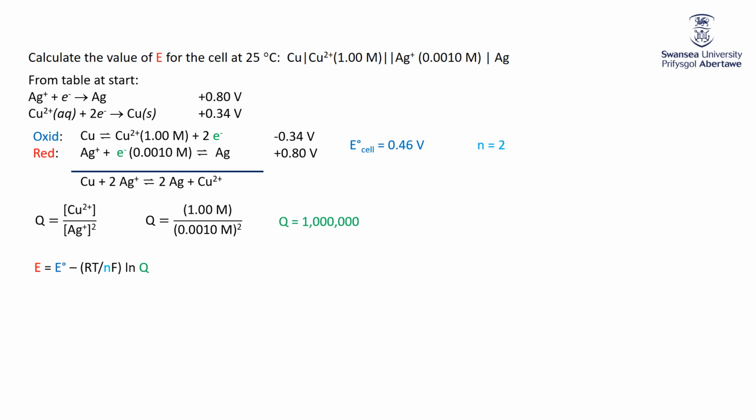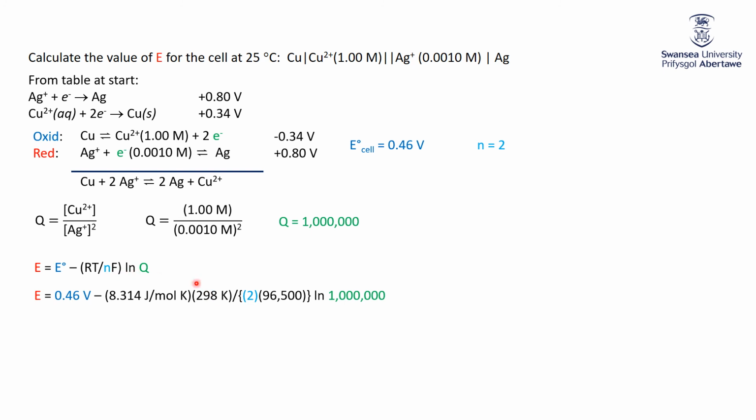Now we've got all those, we can plug them into our beautiful, gorgeous Nernst equation. There it is, slamming in. E, the potential at non-standard conditions, is equal to E0, the potential at standard conditions, which we can get by a consideration of the standard reduction potentials, is 0.46, minus R, 8.314 joules per mole Kelvin, times temperature, always assume 298 if not otherwise told.